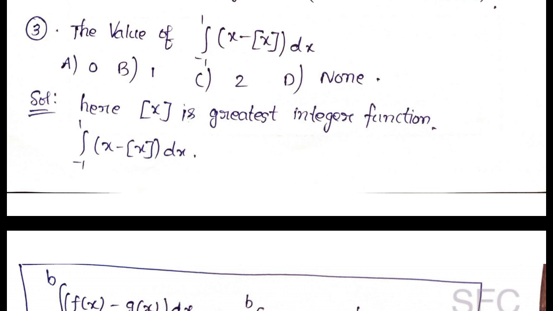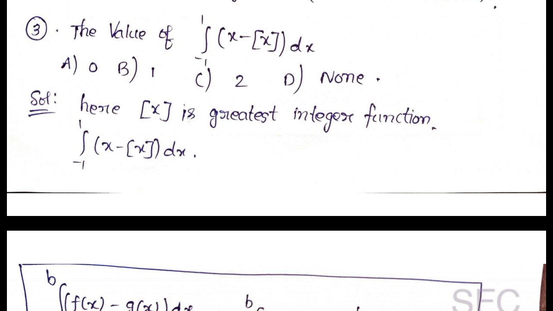The options are A 0, B 1, C 2, D none. Before seeing the answer, I suggest you please pause the video and try yourself and then watch the solution, because if we try like that, you can get your own ideas.